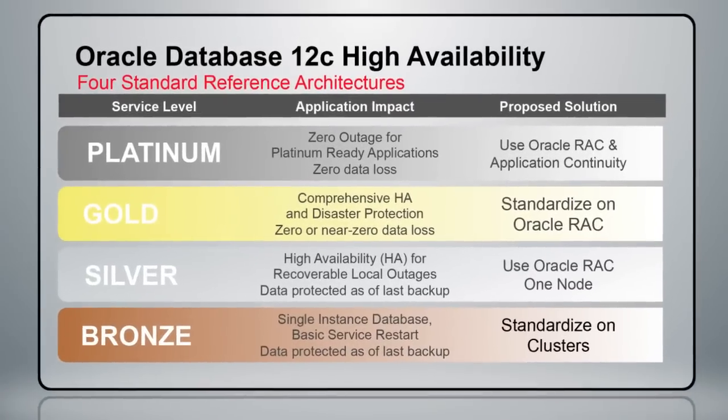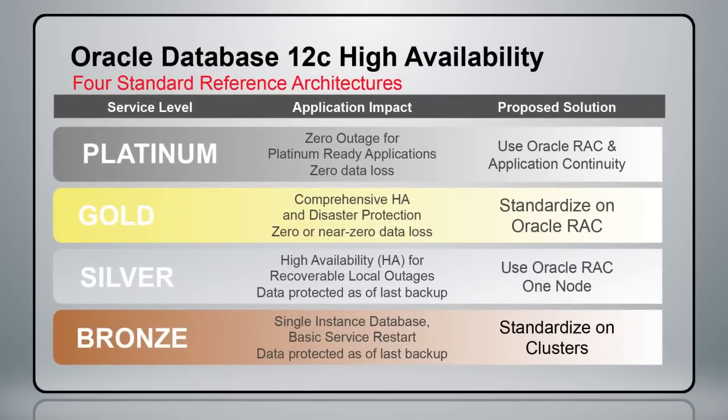If you then proceed up, and even for applications in the silver level going closer to the gold level, you would then look into standardizing on Oracle RAC, because this is the highest level of availability for local outages that you can achieve given the Oracle database is used.